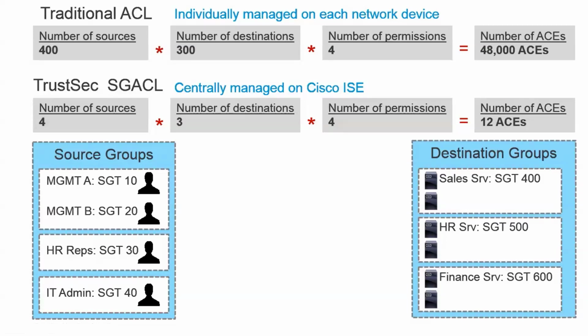Obviously the burden on the network will get reduced. And it has advantages: it is a standard, it is centrally managed. If tomorrow you want to change the permission, you can change it from one location. So this is one of the nice features we have in terms of security.